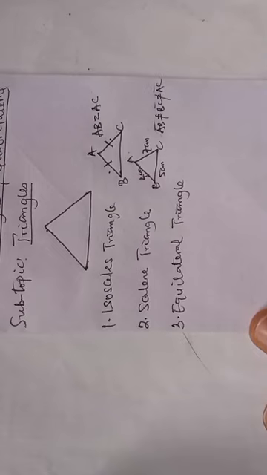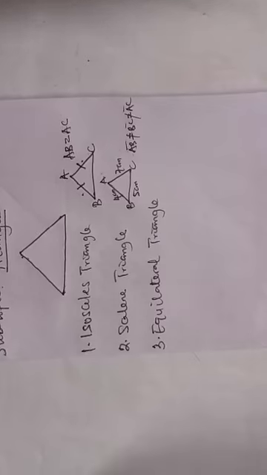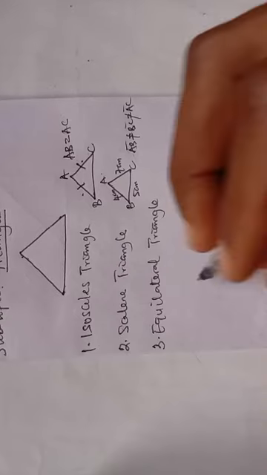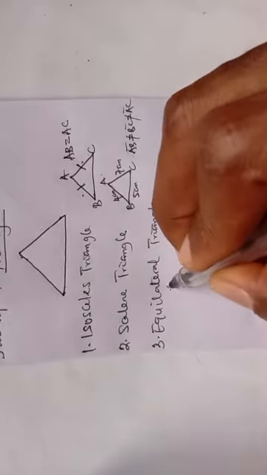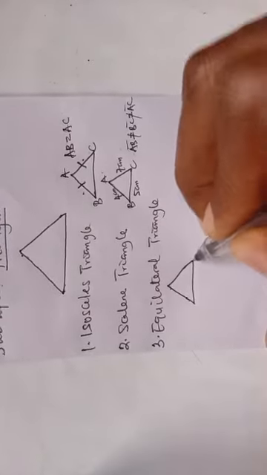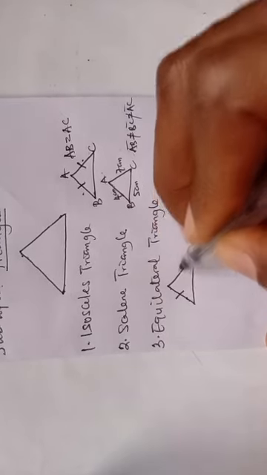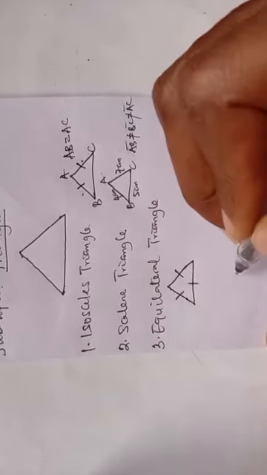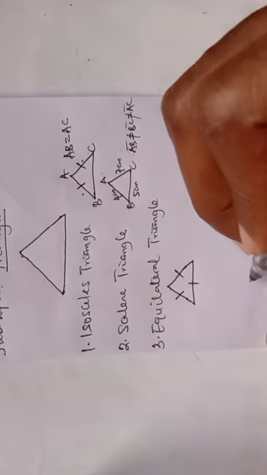I can draw something like this, and I can put a stroke here, here, and here. It means that all the sides are equal.